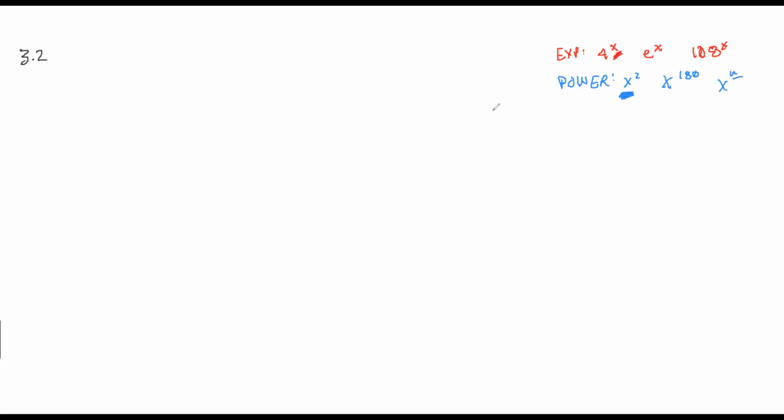So if you have a problem that looks like number 2, which is f of x is equal to 2e to the x plus x squared, you're able to solve it by saying, this is my exponential function, the derivative of 2e to the x is equal to 2e to the x.